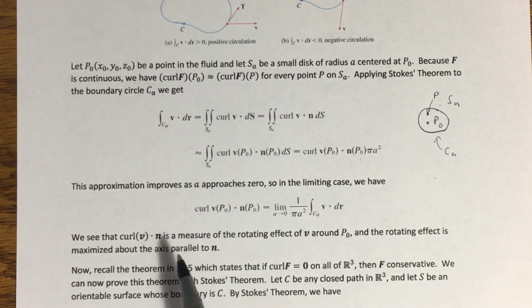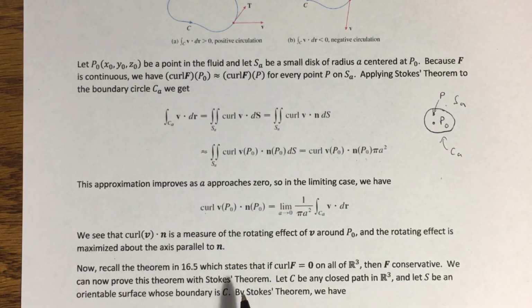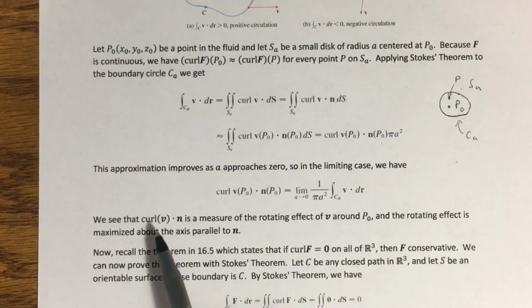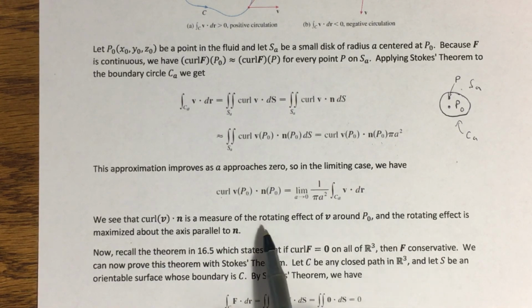So using the intuition that we talked about before, this represents this curl of v dotted with the unit normal n. So now this is at a specific point. If I generalize this to any point, I could just say curl of v dot n. It's equal to a scaled version of that circulation about that point.